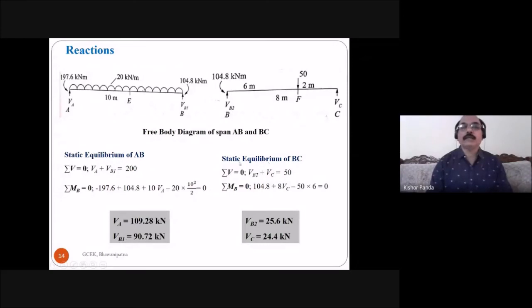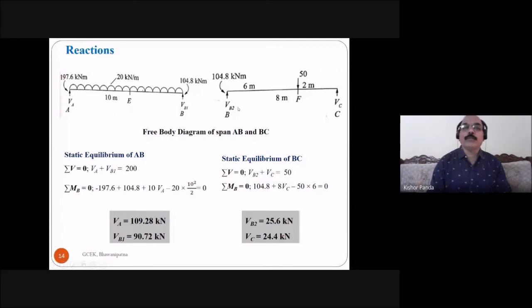Similarly, here you take the static equilibrium of BC. This is the reaction VB2, and the reaction at C is VC. Then you take the moment about support B. Here also you take the two static equilibrium equations: the summation of vertical force is equal to 0, and the summation of moment about B is equal to 0. So the summation of vertical force gives VB2 plus VC is equal to 50.